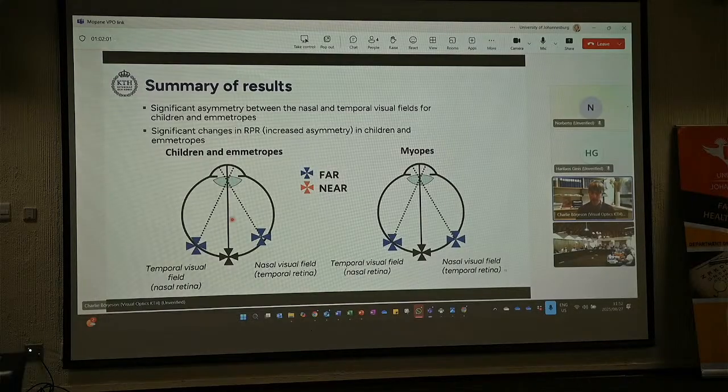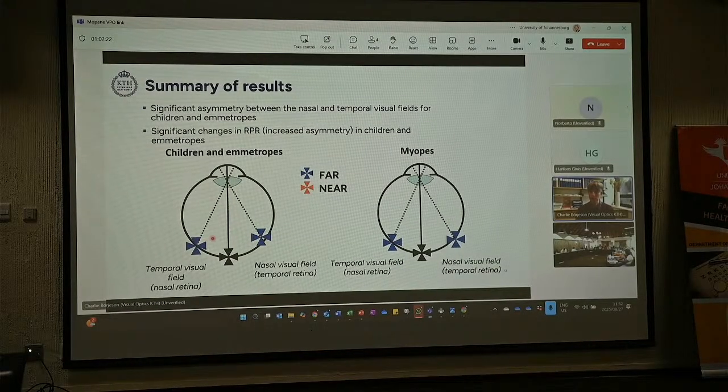And if we want to visualize this, here we have the general emmetropes. We saw that in the temporal visual field the RPR was close to 0, so that is an image on the retina with the fovea being corrected. The nasal visual field had negative RPR, so that is an image in front of the retina, whereas the myopes were close to zero for the temporal visual field and a little bit positive for the nasal visual field, but no distinct asymmetry.